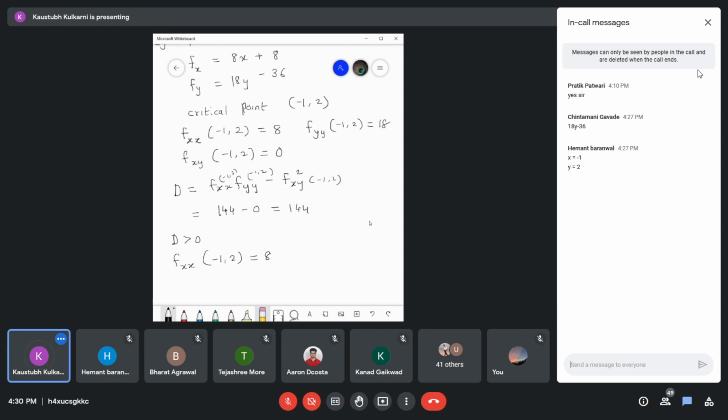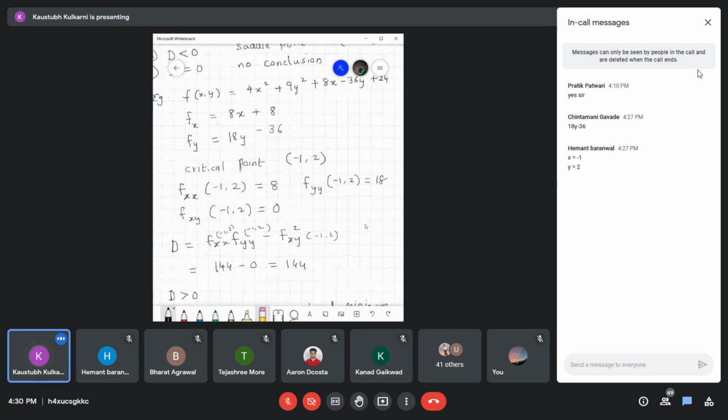Okay, so therefore it is local minimum at minus 1 comma 2. Therefore local minimum at minus 1 comma 2. And you can also calculate the value. You can substitute the value in the function.